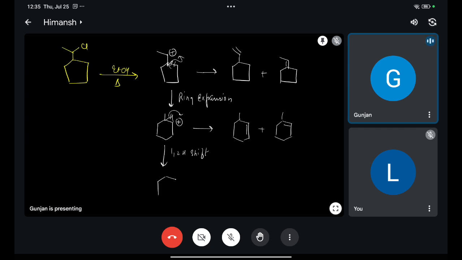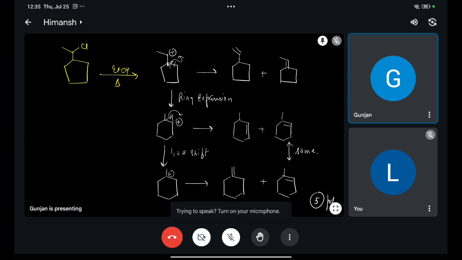We will get a new type of carbocation. This one. So we will get a double bond one time over here and another time over here, and those two are the same only. So 1, 2, 3, 4, 5, 5 products are possible. Got it?